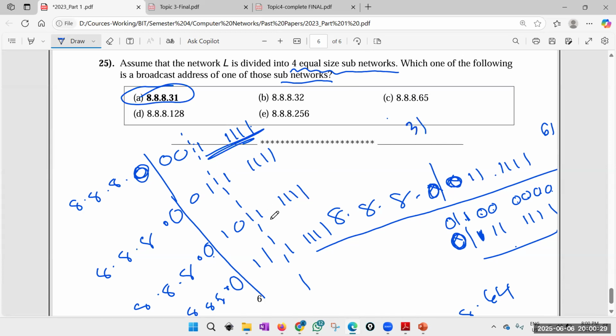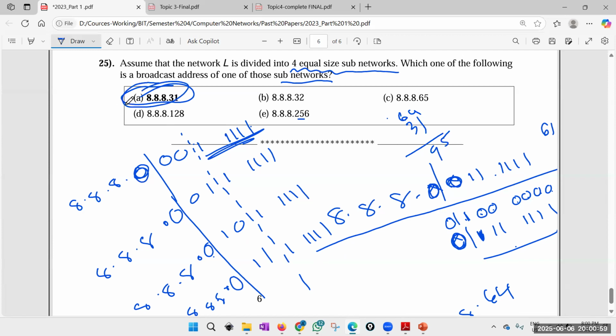So this one is 31, but this one is also there. 1, 2, 4, 8, 16, 32, 64. That is 4 plus 1, 5, 95. 95 answer is also not there. And definitely this must not be there, right? Let's double check. 1, 2, 4, 8, 16, 32, 64, 128 minus 1, 127. No, 127 is also not there.